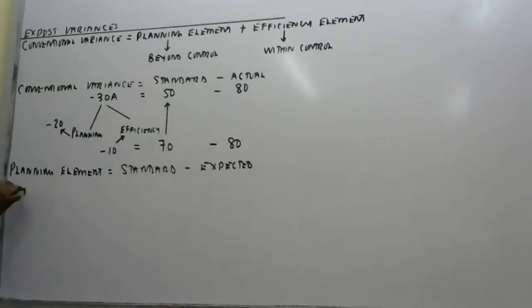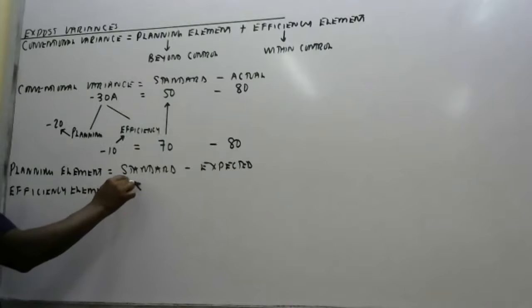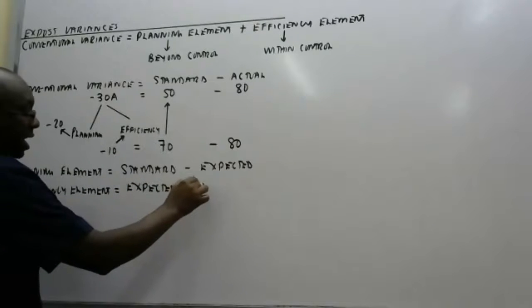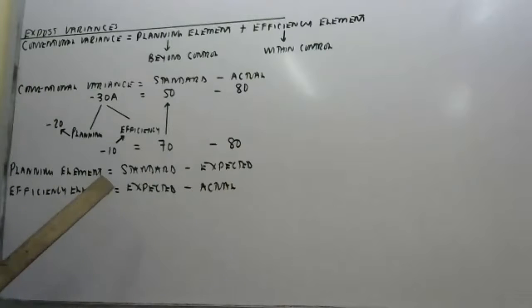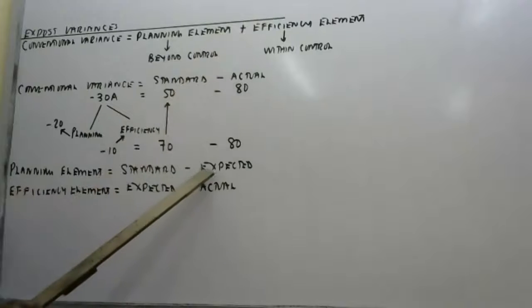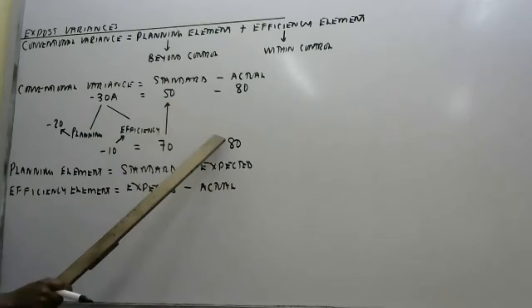Then the efficiency element is supposed to be computed as the expected minus actual. So that if you combine these two, planning plus efficiency, then this 70 goes, and we are left with our 50 and this one.